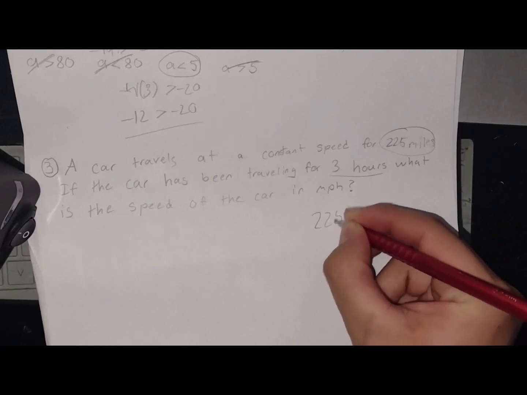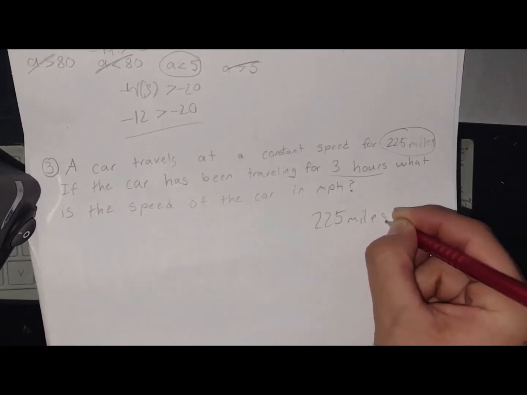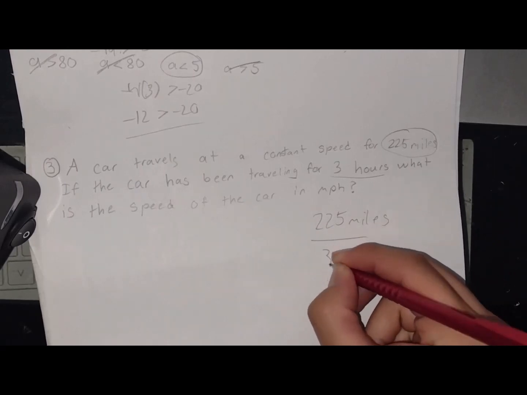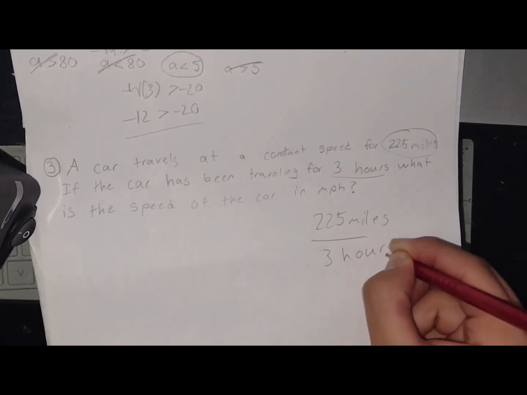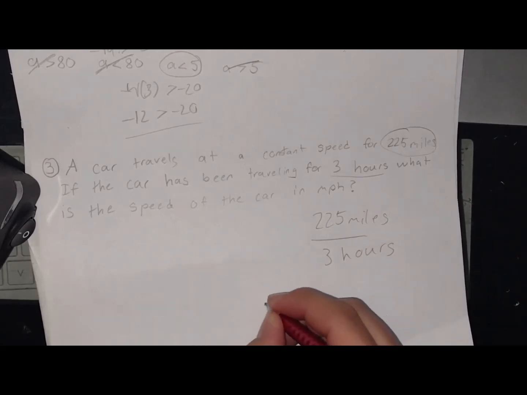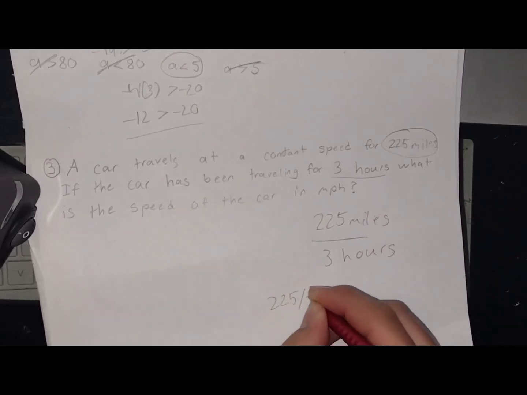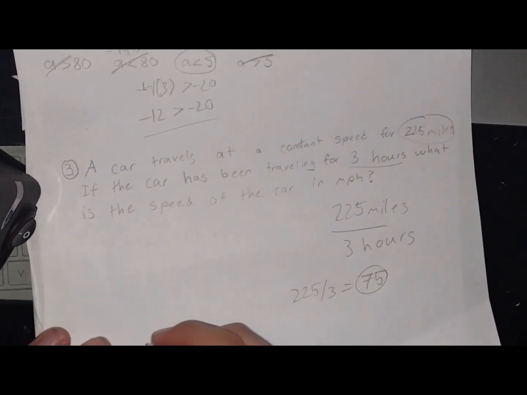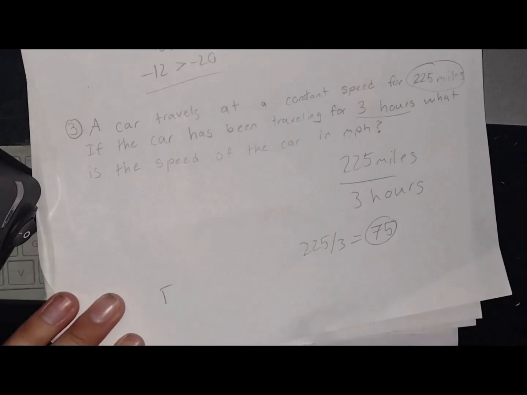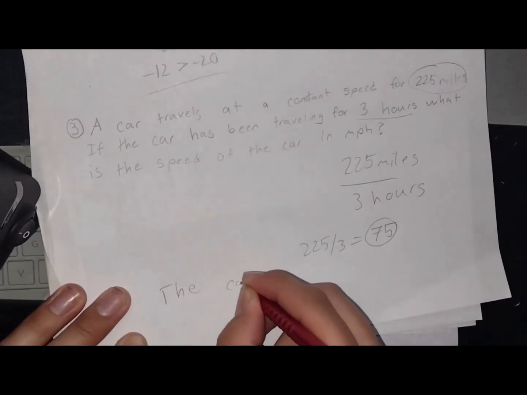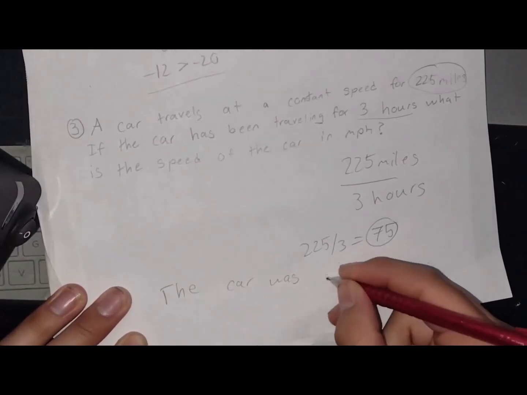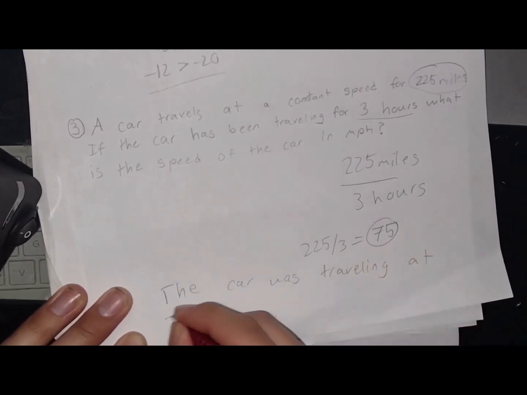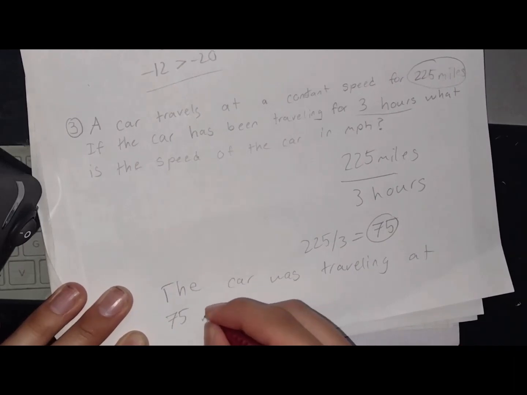You just put 225 miles over your amount of time, which is 3 hours. You get your calculator and get 75. So the car was traveling at 75 miles per hour.